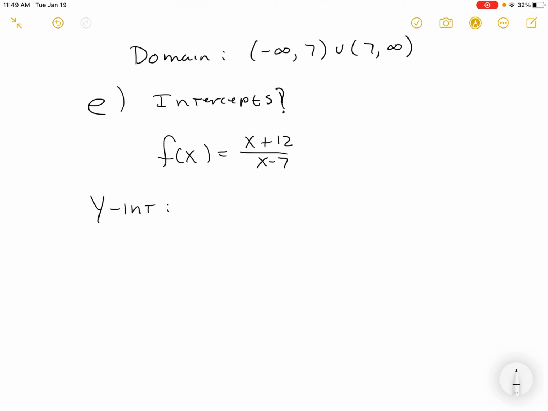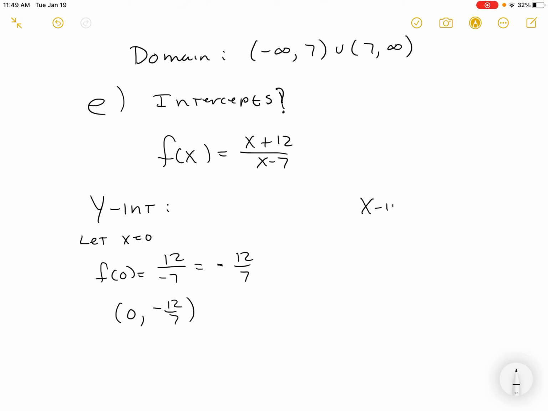What do I do? Hopefully your experience tells you to let x be equal to 0. So you're going to find out what f of 0 is. And f of 0 is 12 over negative 7, or negative 12 sevenths, bringing that negative sign out in front. So your y-intercept is negative 12 sevenths. So it crosses through (0, negative 12 sevenths).